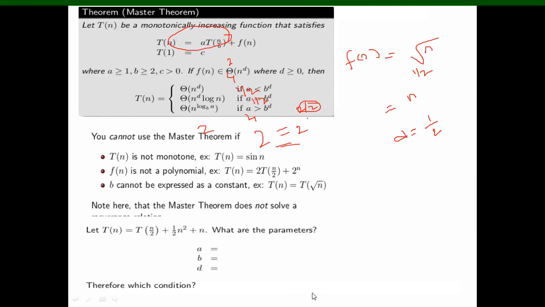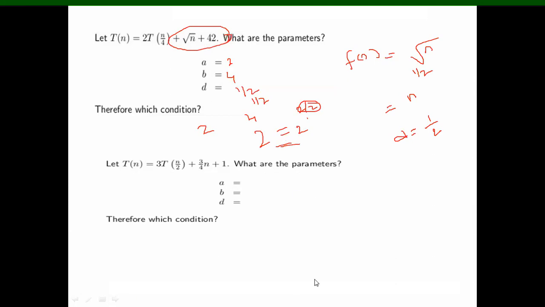So what is the answer for this? T of n belongs to theta of n power d log n.